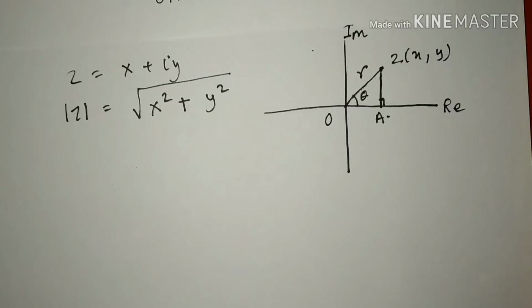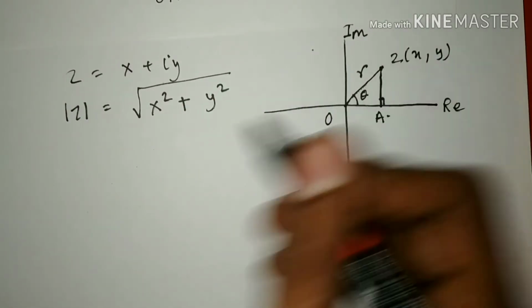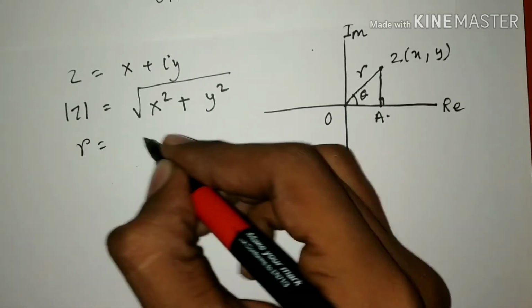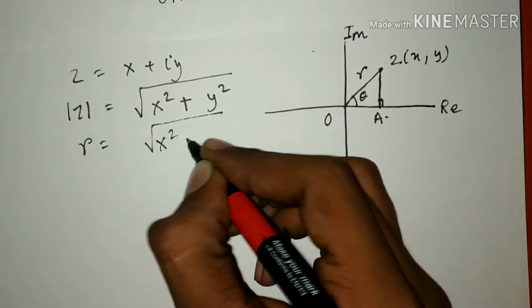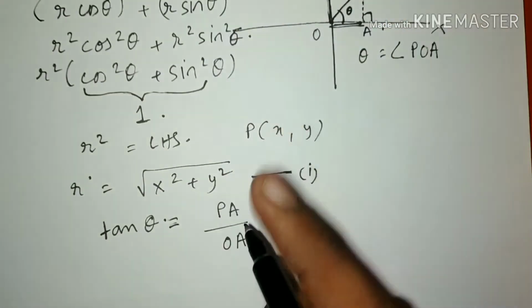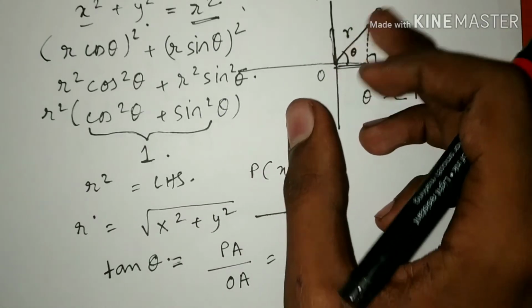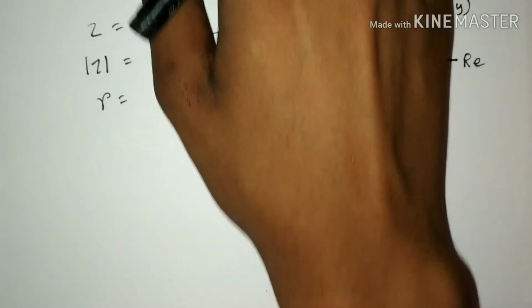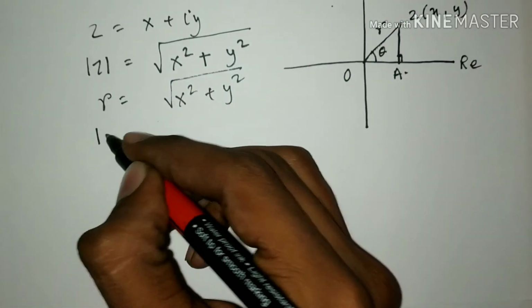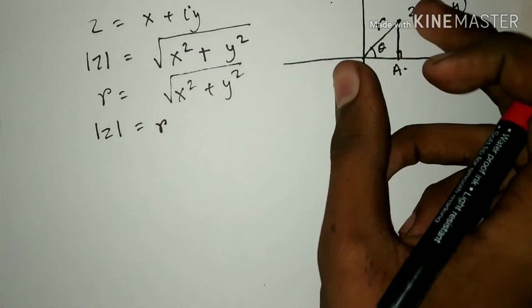So this is the modulus. Now from this figure we can also say that r is equal to the square root of x square plus y square, right? I proved it here also. This radius is this. So we can say that the modulus of the complex number is just the radius, this r.